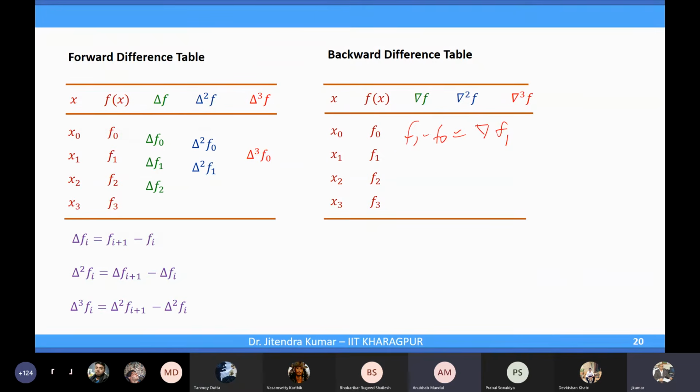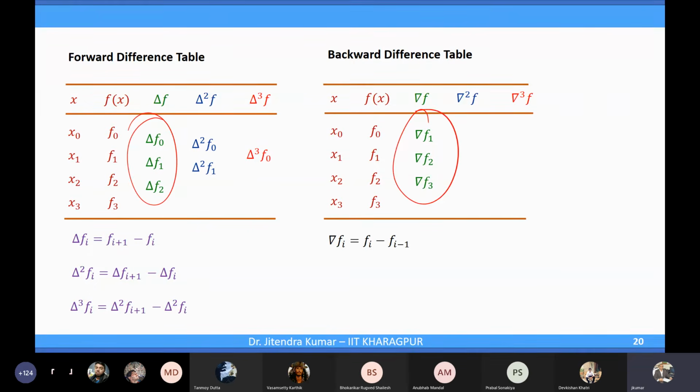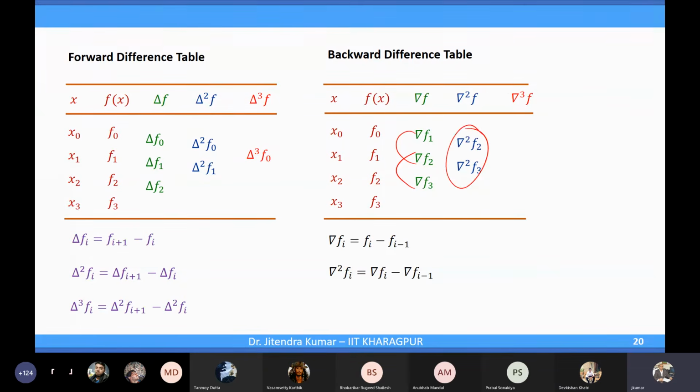So instead of forward delta f0, that same difference will now be called backward delta f1, backward delta f2, backward delta f3. The same values. True? The values are same. And again you go for the difference. Here, what you will get, delta 2 f2, delta 2 f3. And go again, you will get delta 3 f3.